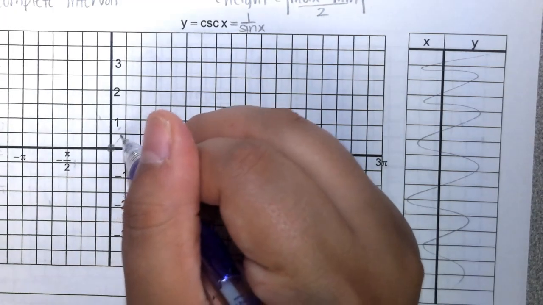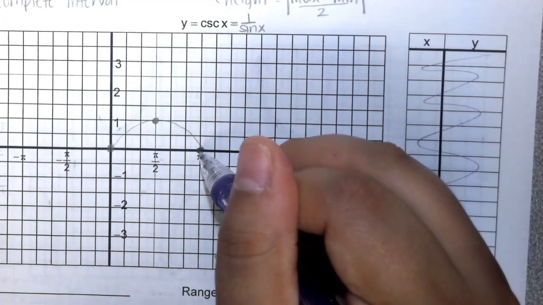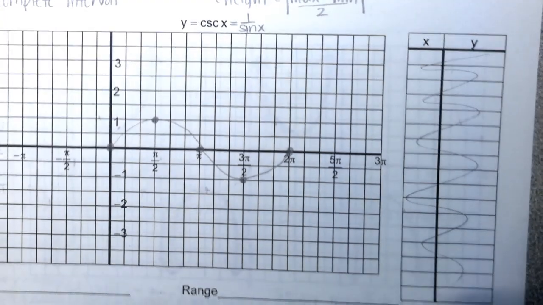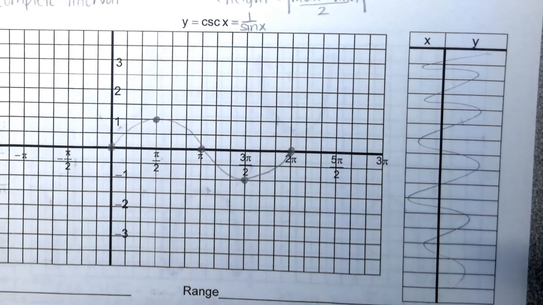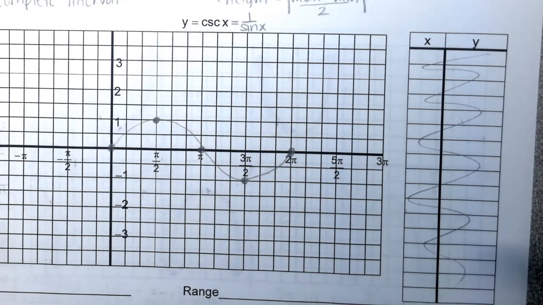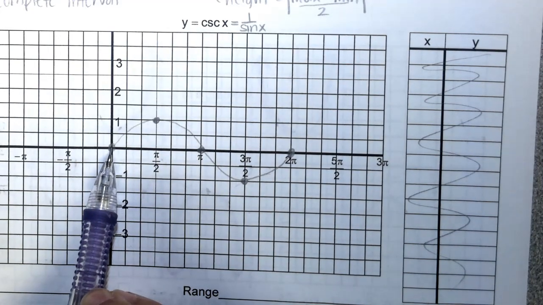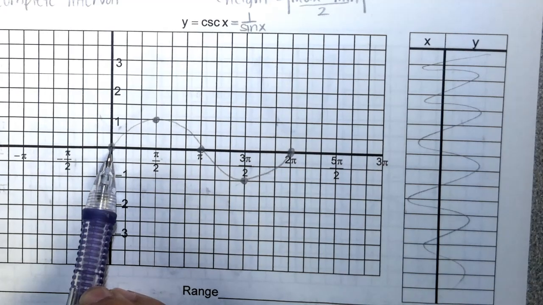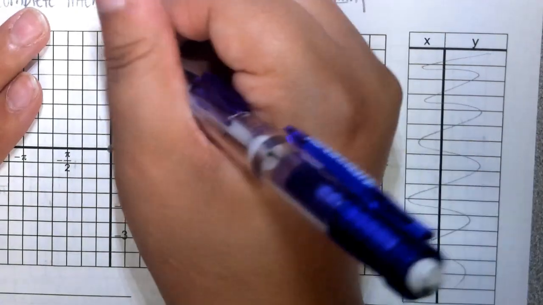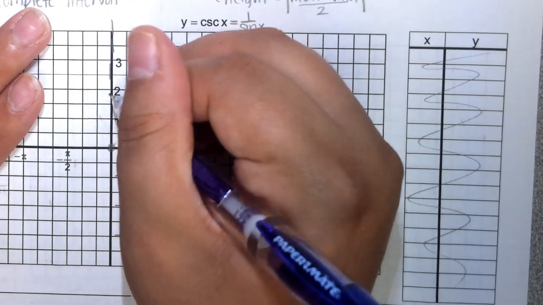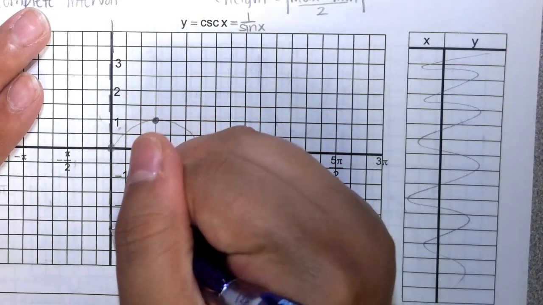And I'm just going to lightly trace that parent function. How do I graph the cosecant function then? I got to do the reciprocal of every y value. What's this y value? It's 0. What's the reciprocal of 0? Undefined. So what am I drawing?